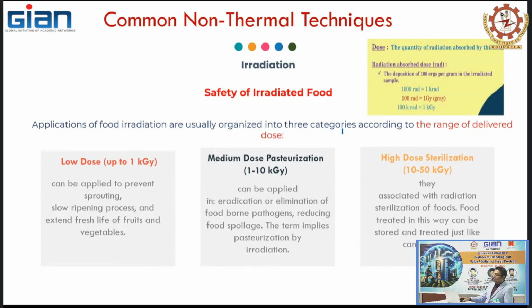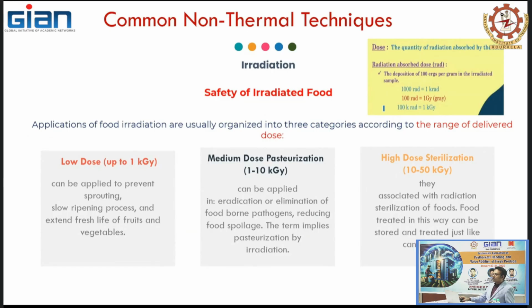Okay, so they give the dose by the name of radiation absorbed dose, that we call a rad. One rad is equal to 100 erg per gram absorbed by the product, and 1 rad is equal to 100 kilo rad. But mostly some microorganisms are quite resistant and are not inactivated with such low doses.